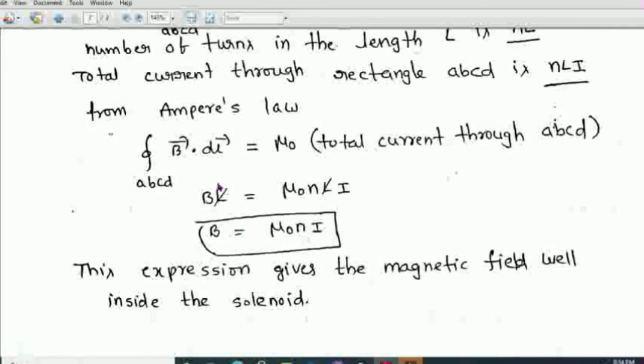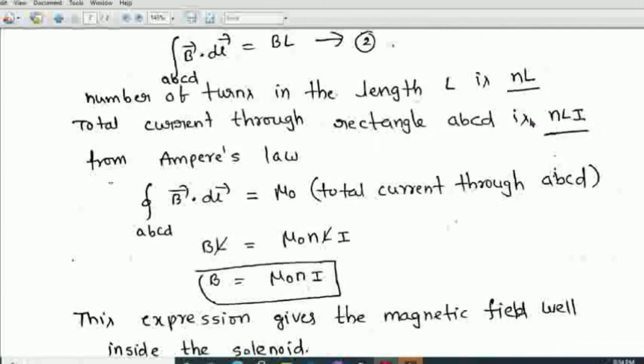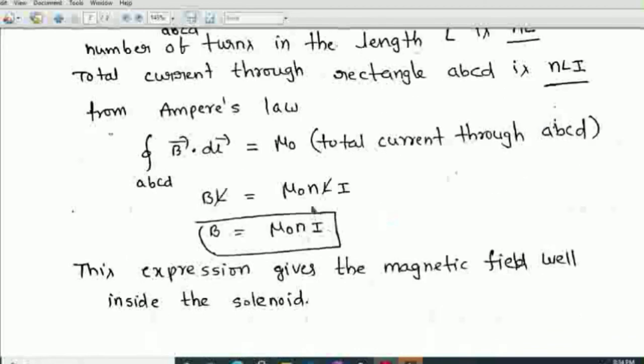So BL is equal to mu naught times the total current for the loop ABCD, which is small n L I. After cancellation, we are left with B is equal to mu naught n I. This is the expression for the magnetic field due to the solenoid at a point inside. At a point outside, the magnetic field is 0, where mu naught is the permeability of free space, n is the number of turns per unit length, and I is the current passing through the solenoid.